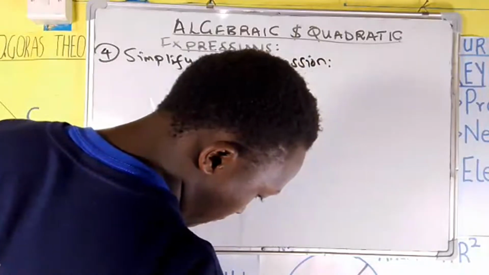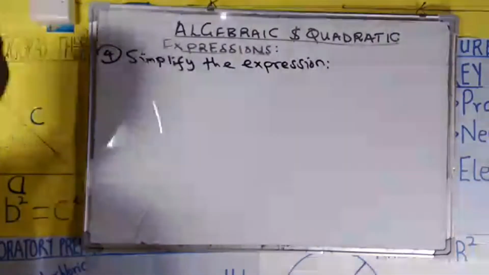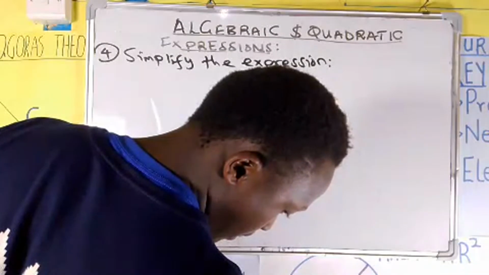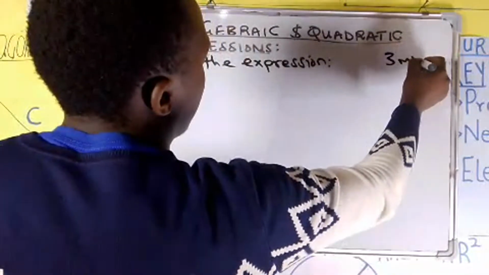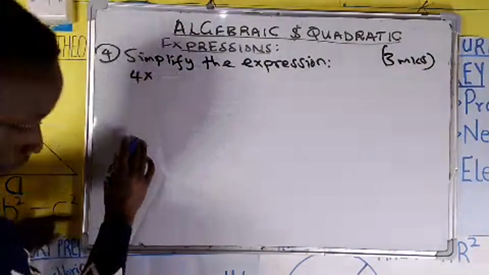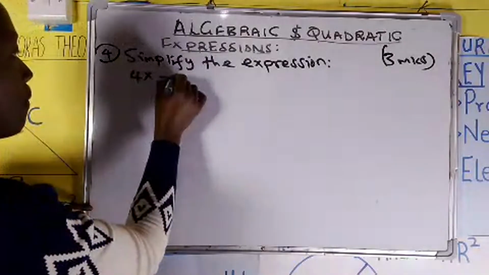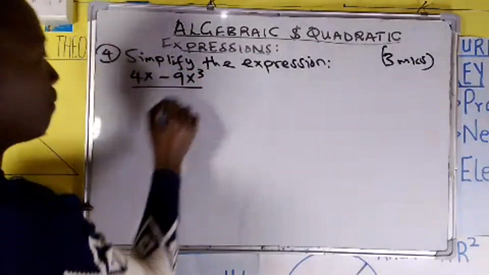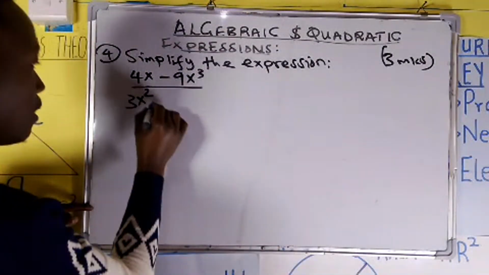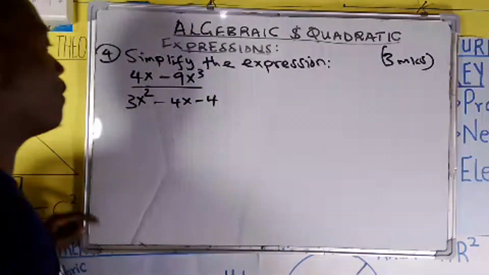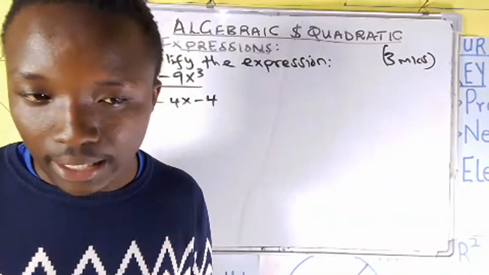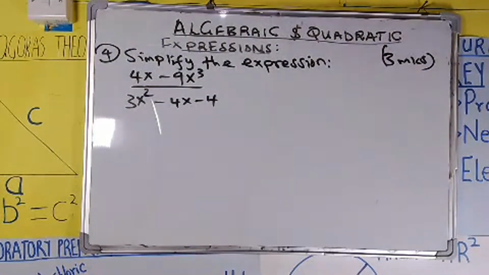This question was assessed in the year 2011. 4x minus 9x cubed over 3x squared minus 4x minus 4. You have that. I want us to do that question. Are you understanding?